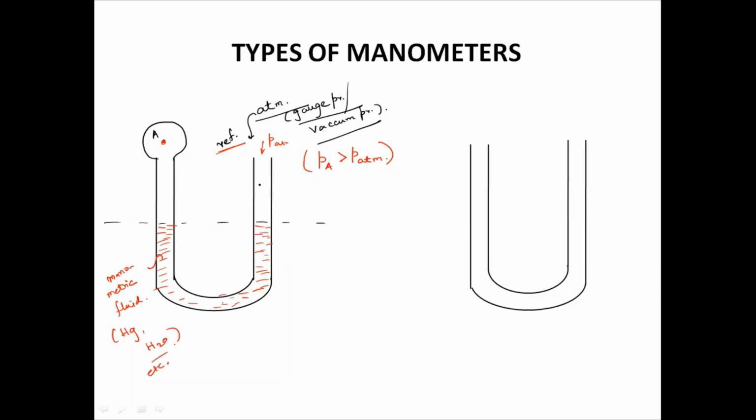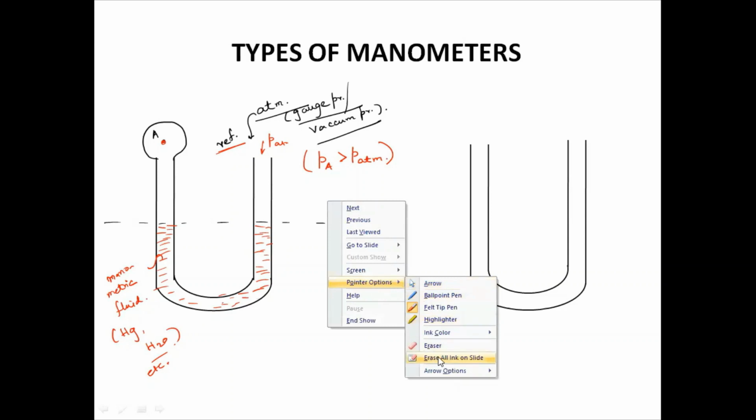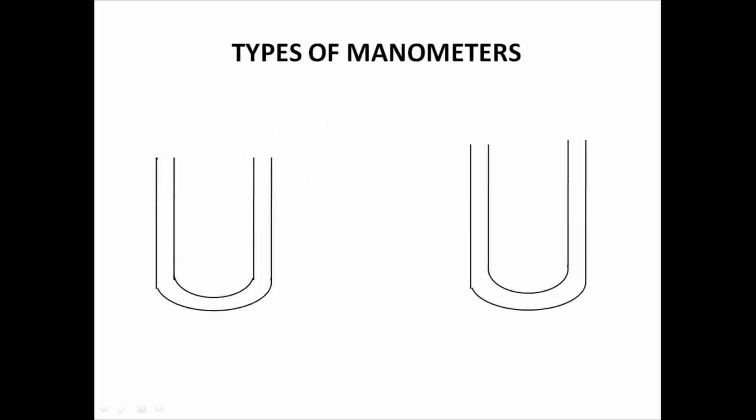So after that, as the pressure PA is more than the atmospheric pressure, what will happen here? That side there will be a depression. If you draw this because of the pipe pressure PA, this side level will go down and this side level will go up.